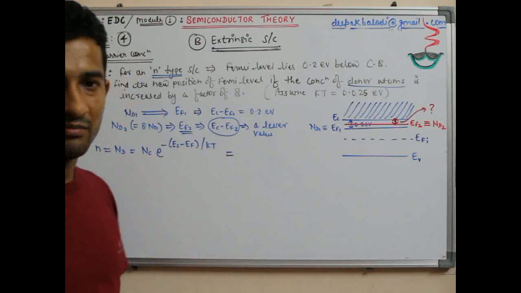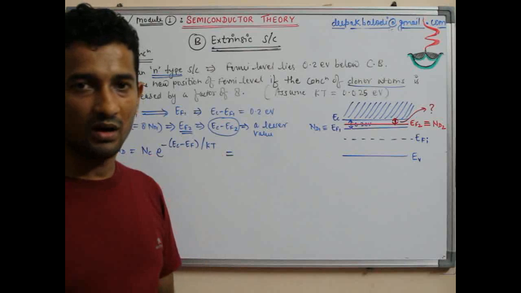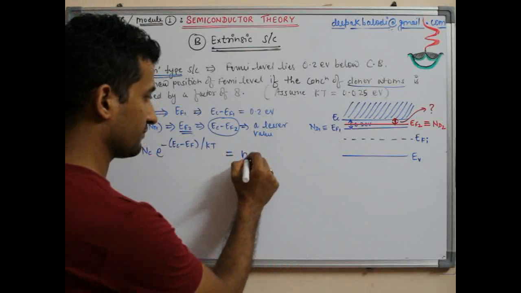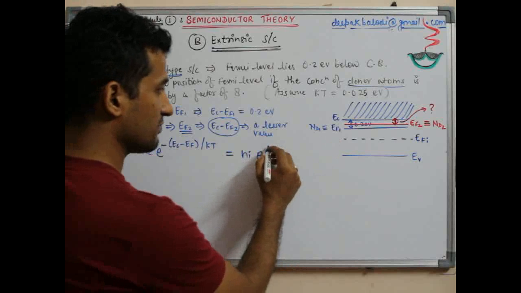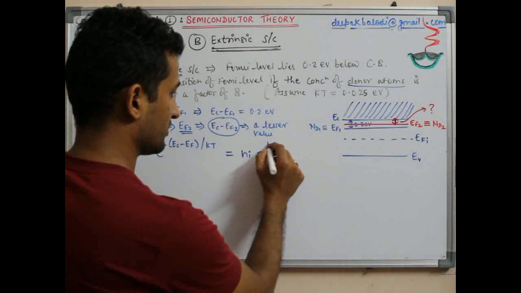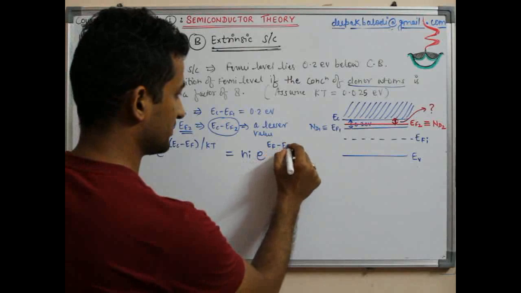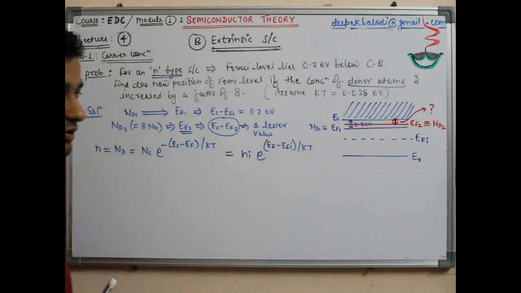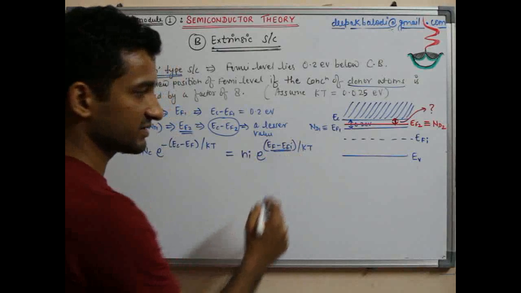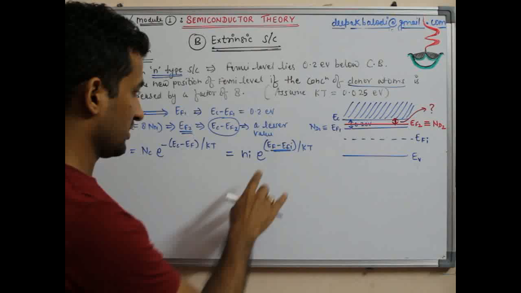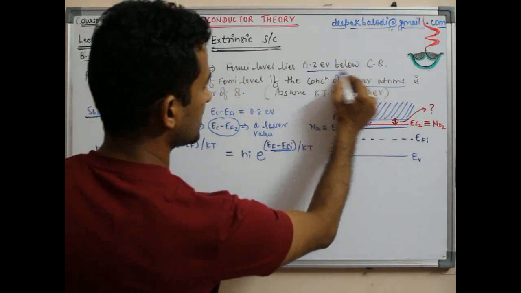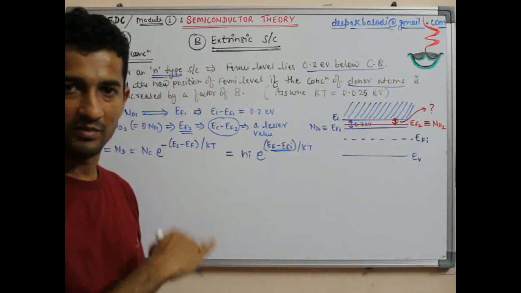Otherwise, if something is given relative to EFI, then we could have used ni e to the power (EF minus EFI) by kT. This is also equally valid, but we cannot utilize it here because everything is given relative to the conduction band or valence band, as in the previous example.